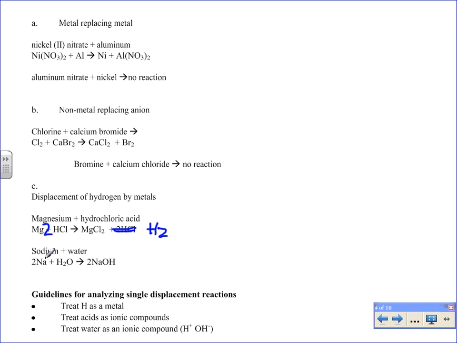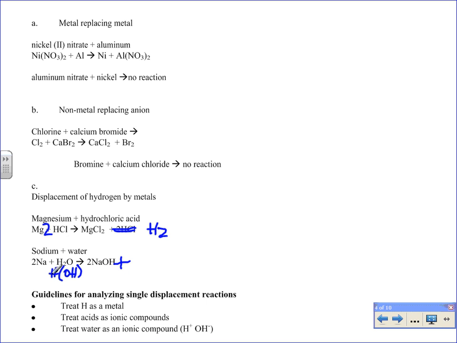When you've got a metal with water and it reacts, so something like sodium plus water, and you've seen this in the past, I know. Again, you're going to displace hydrogen. What you want to do is think of water in this reaction as HOH. That'll help you to see what the products are.